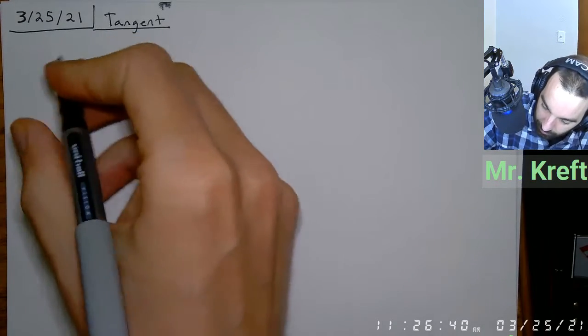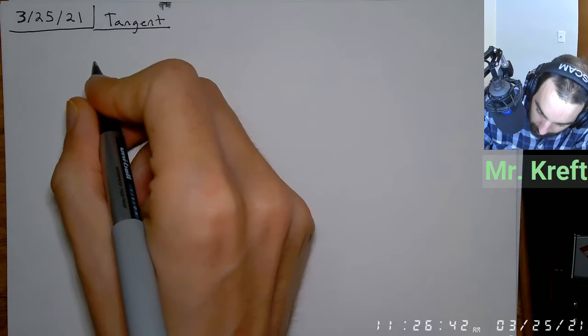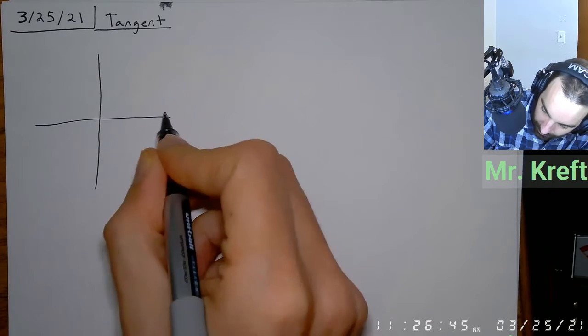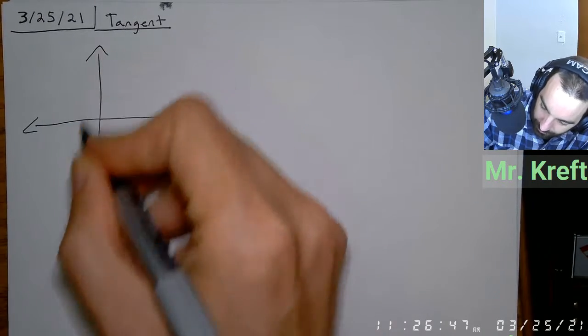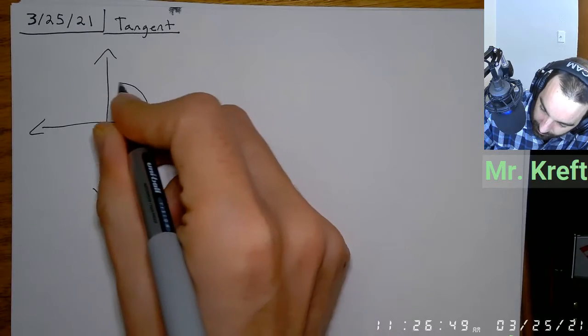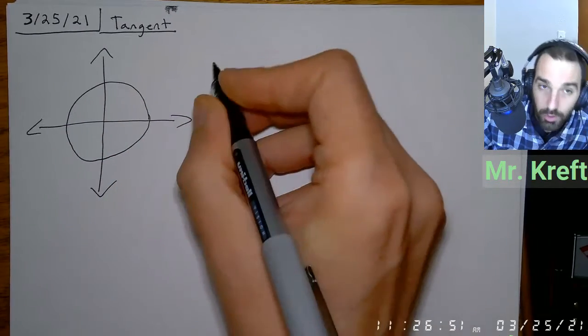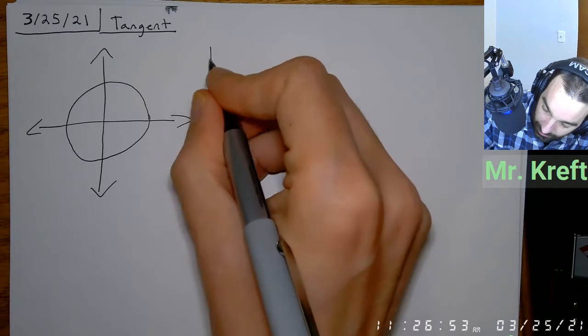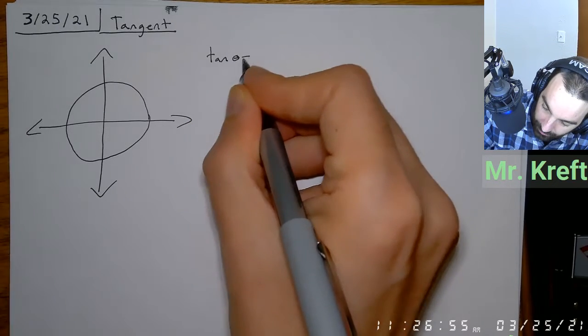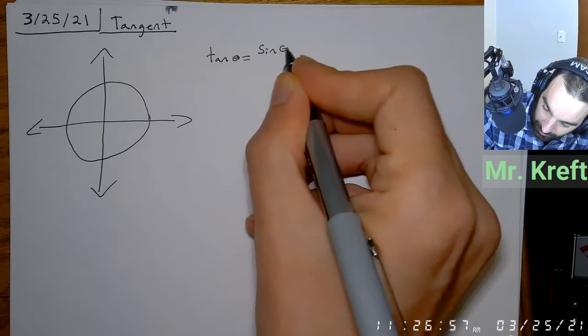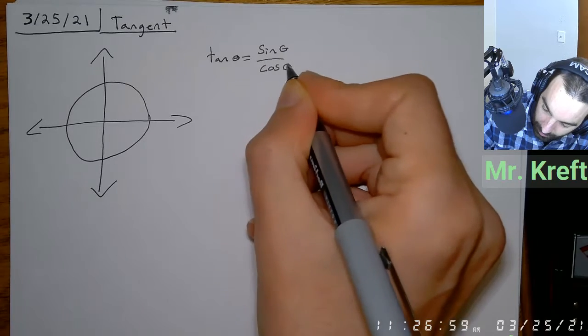If we take a look at a unit circle, we need to remember that tangent of theta is sine of theta over cosine of theta.